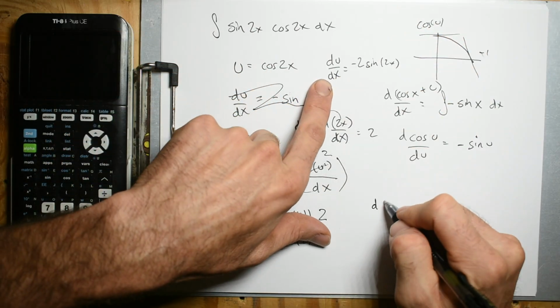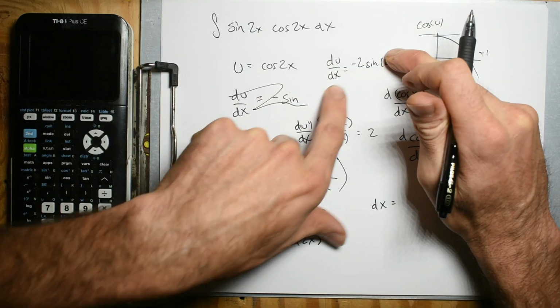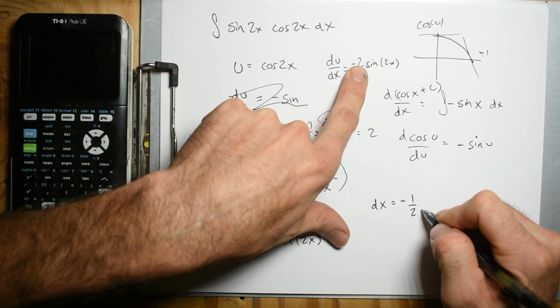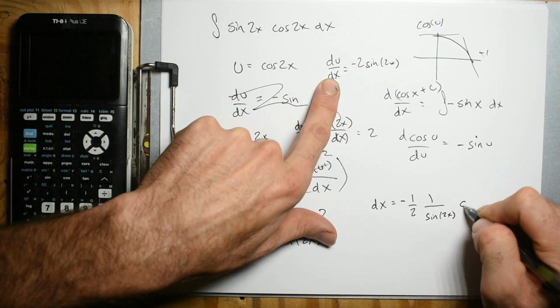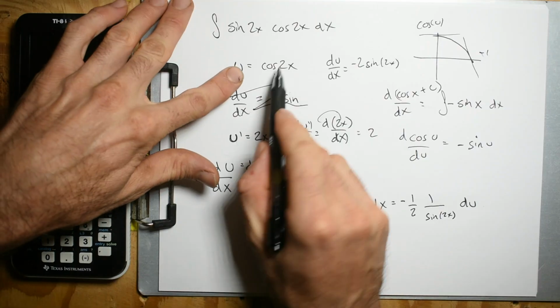Solve for dx. Can we do this a little faster? Probably not. It's very difficult. Get this upstairs, get all this downstairs. I'm going to have a negative 1/2, and then a 1 divided by sine 2x, and then a du. So now we're going to plug that in. Our u was this.